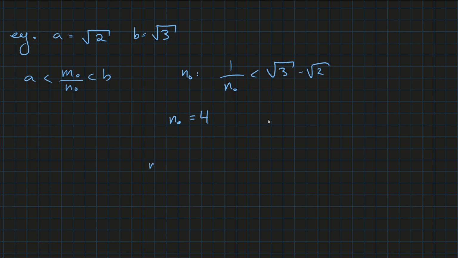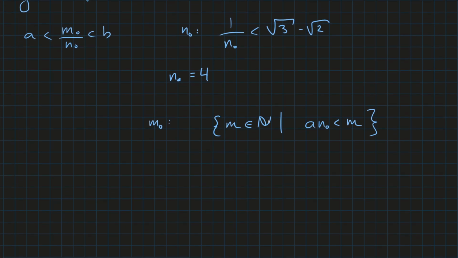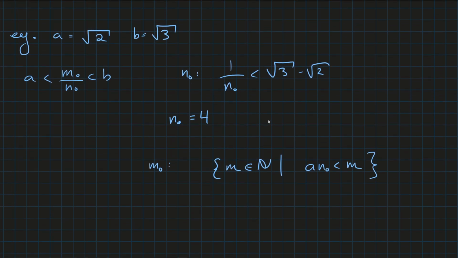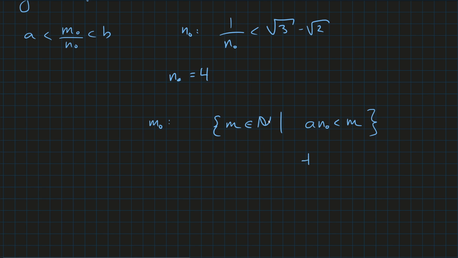Now for m naught, we think about the set of all m in the natural numbers such that a n naught is less than m. So what does that mean exactly? Well, a is root 2, n naught is 4. So 4 root 2 is less than m.